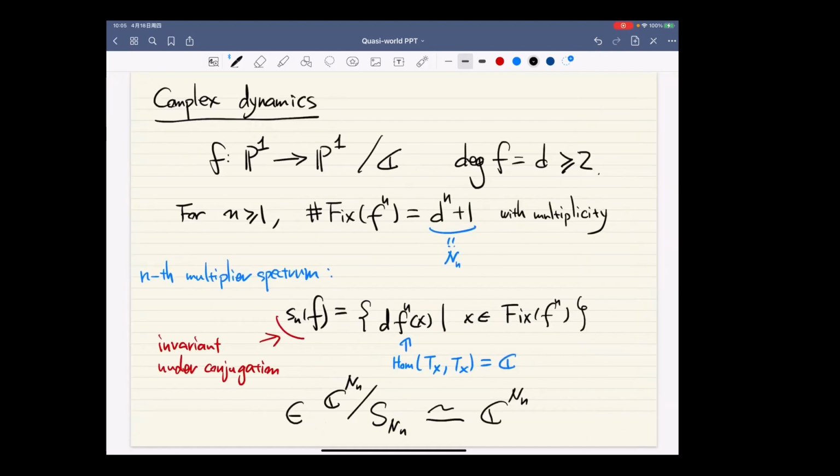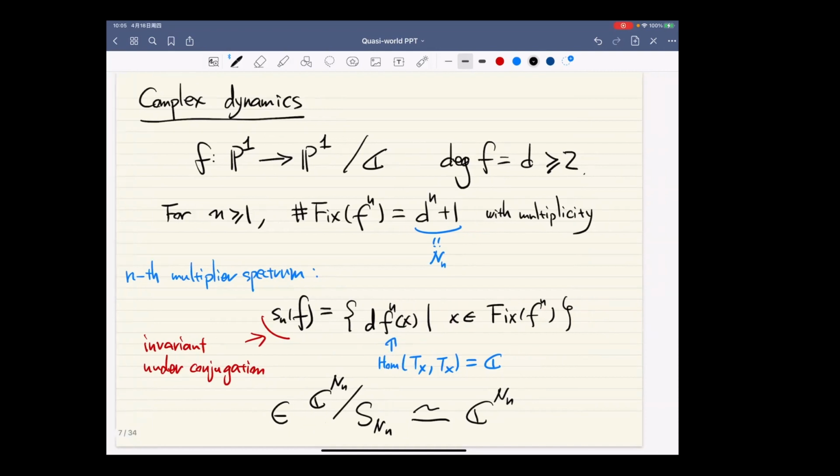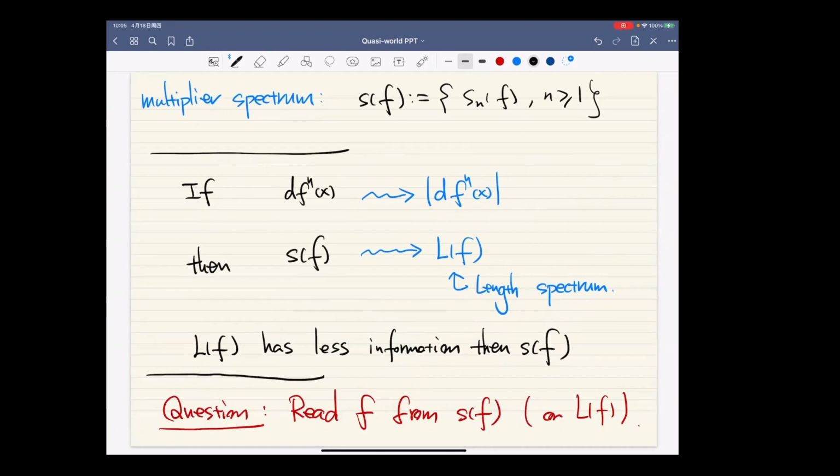And it's clear that this set is invariant under conjugation. So the multiplier spectrum is the collection of the multipliers not just for one fixed period, but for all the periodic points. It's the sequence of sets S_n(f) for all n greater than or equal to 1.